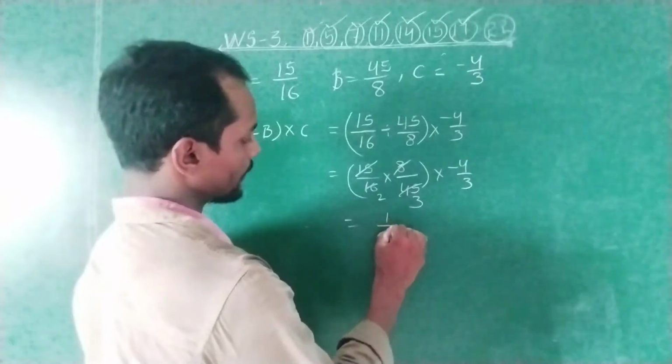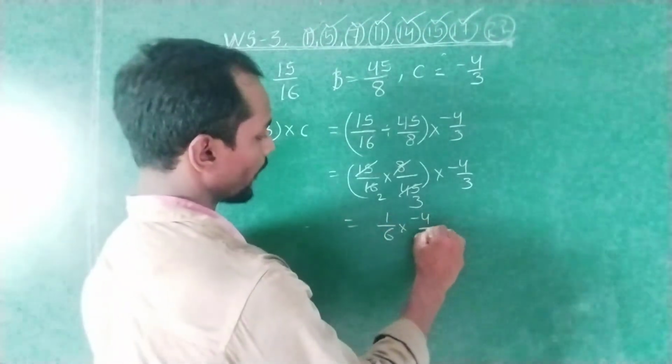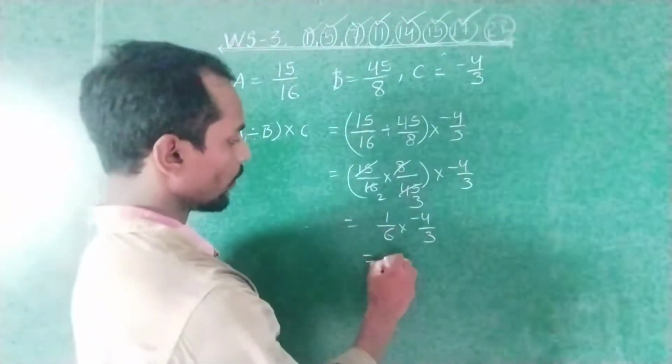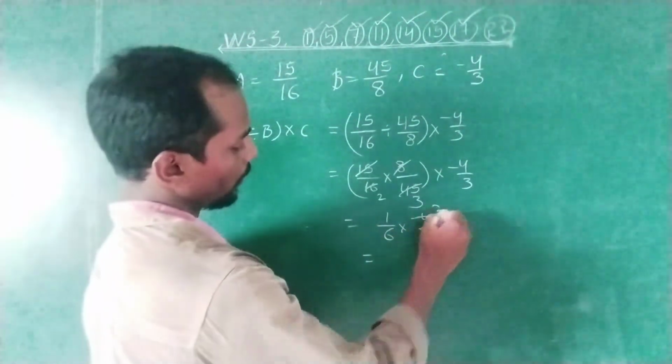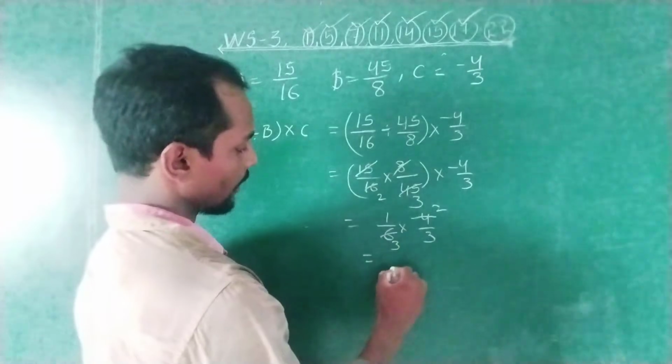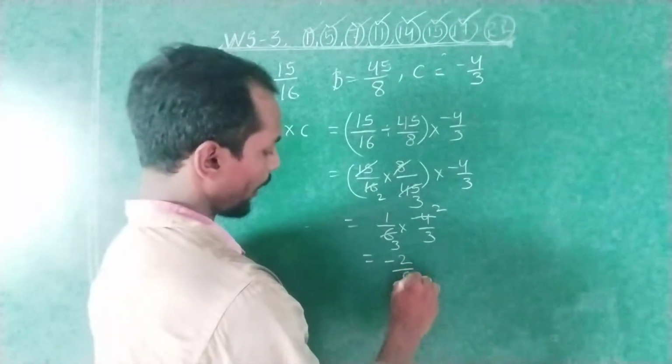So here 1 by 6 into minus 4 by 3, which is equal to minus 4, cancel it, minus 2 by 9.